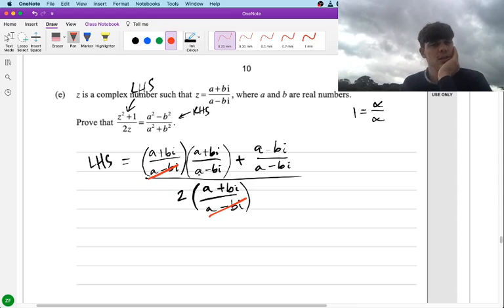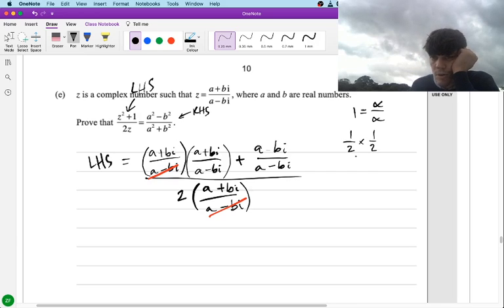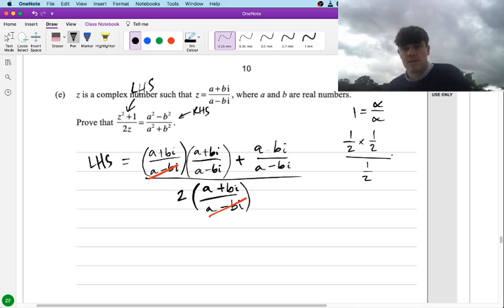Now, does it cancel with this? No, it doesn't, because that is being multiplied here. So you only need to cancel one thing. Let's look at an example. For example, if I was saying half times half over half, that is 1 over 4 over a half.